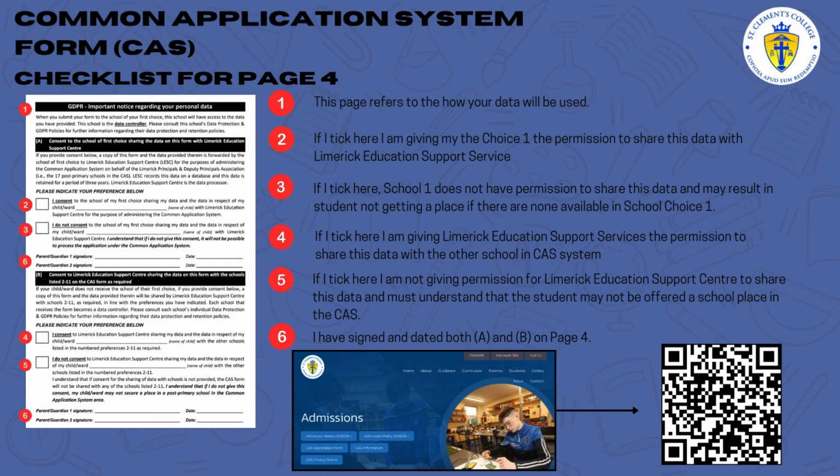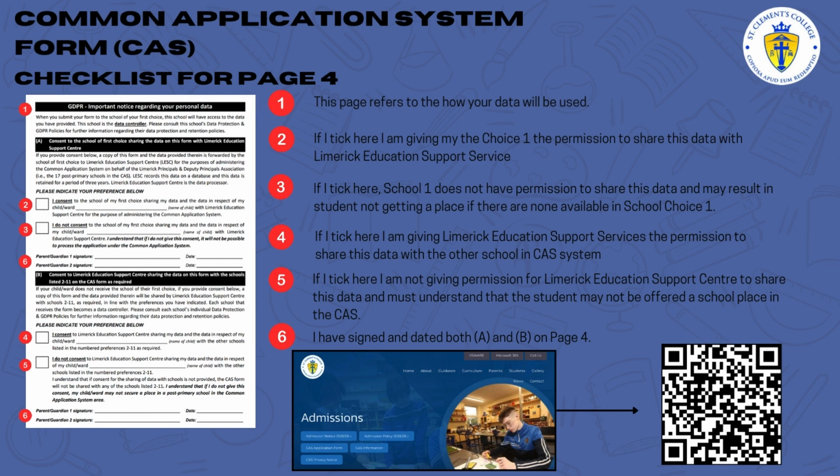Part B similarly then gives permission for the education centre to pass the data onto the other schools that are listed on your preference sheet. So you must tick I consent to Limerick Education Support Centre and put in the student's name there, and that will allow the education centre to pass on the data that's contained in the form to the other schools so that they may consider the application.